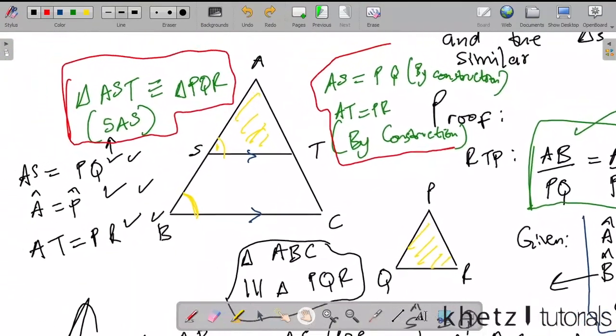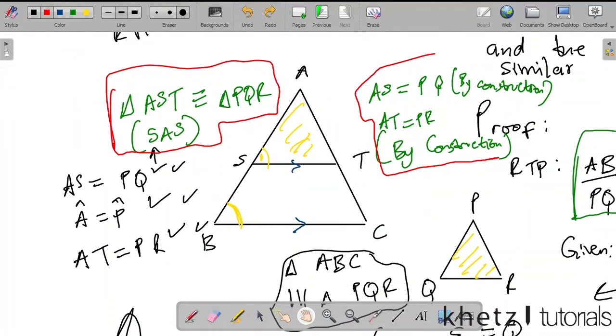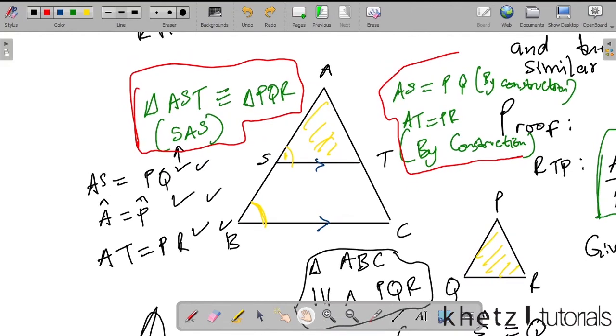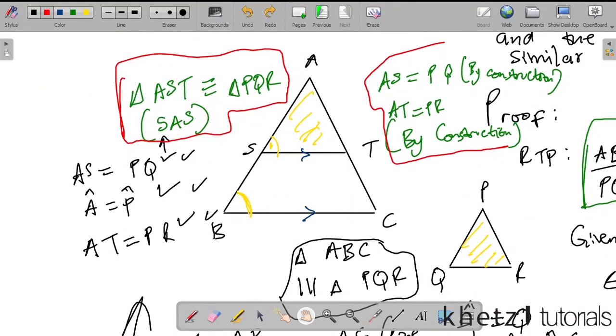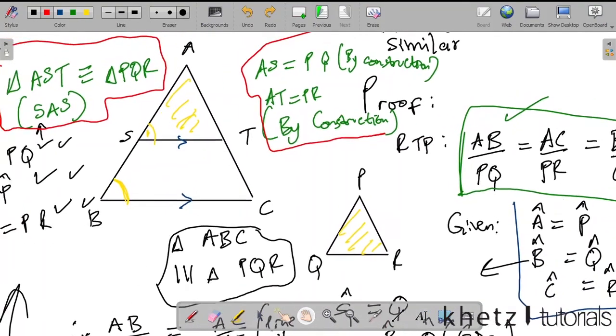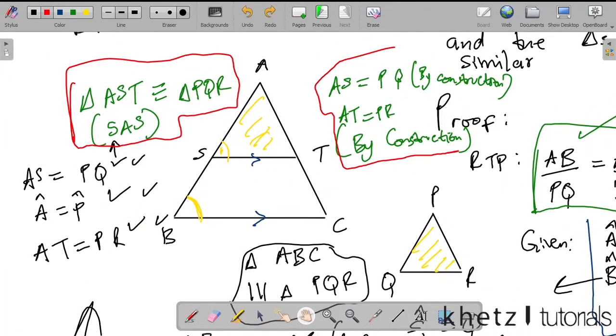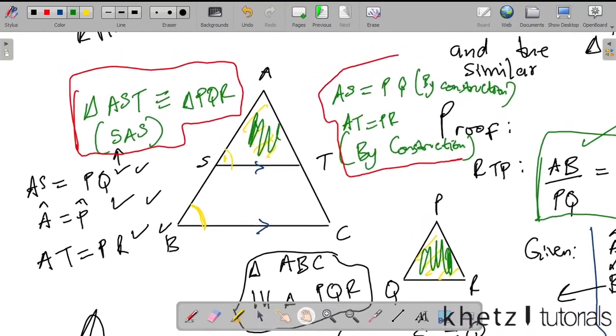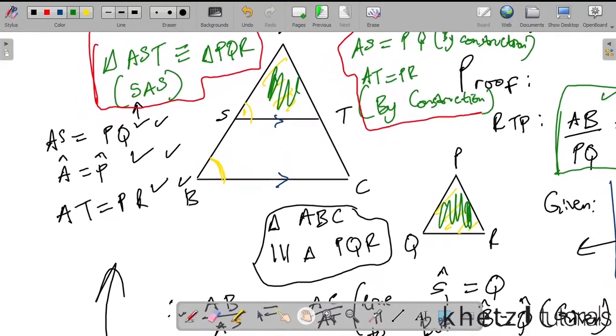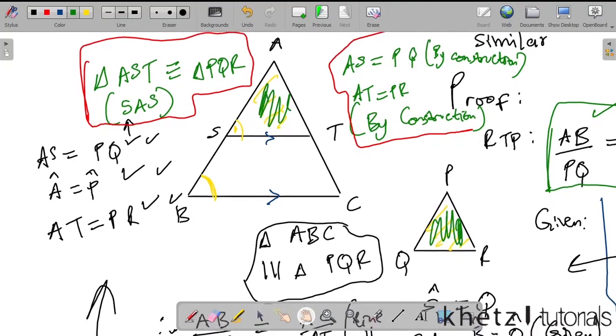And to do that, we first constructed AST such that AS is equal to PQ and AT is equal to PR. And we're given that the angles are equal. So our A is equal to this P, which is in question. And therefore, we can conclude that this AST is congruent to that. Now that the two are congruent, we can actually work with this one and try to see how it's related to ABC.